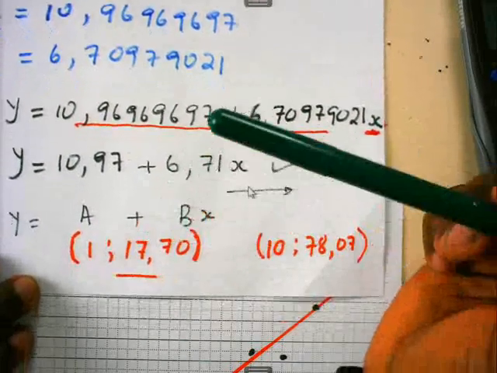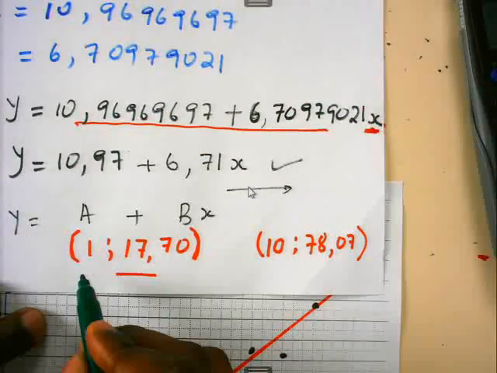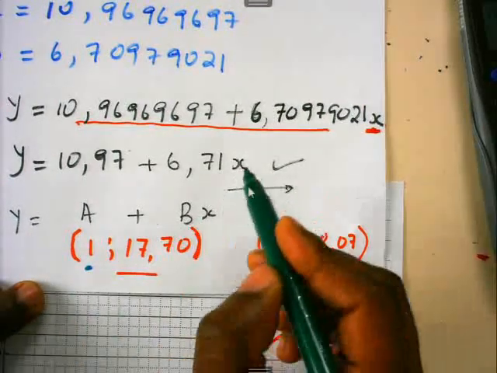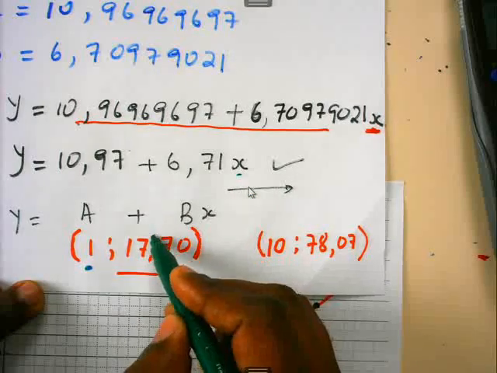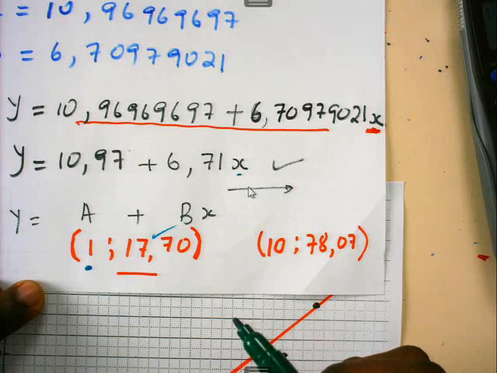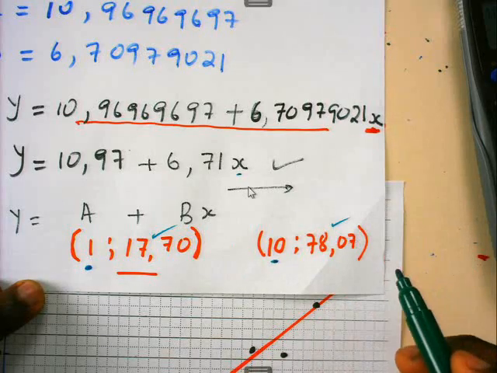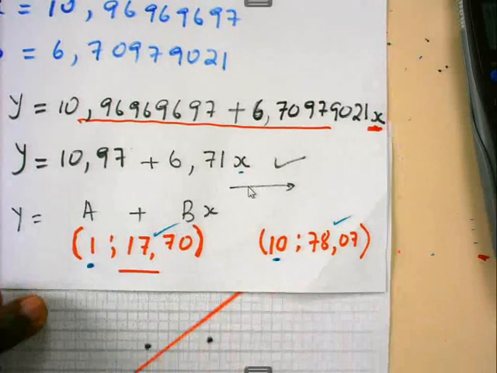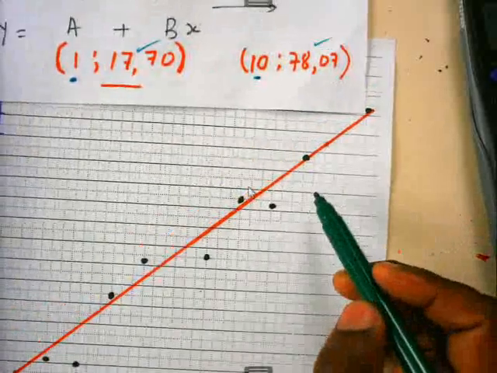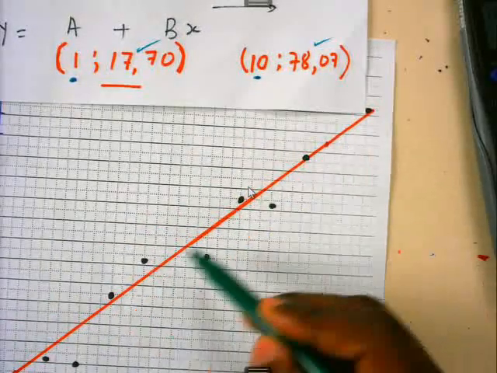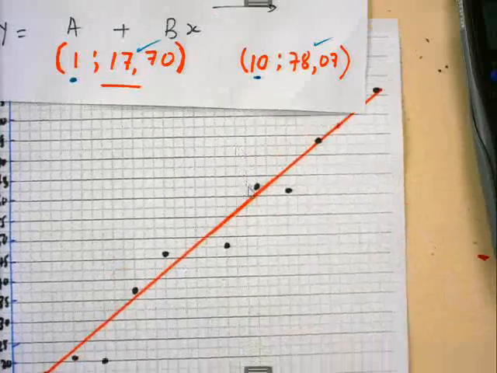And to draw your line, you substitute the values of X in the line here, and it will give you the value of Y. Once you have those, you put them, and they assist you to draw your line of best fit, which is the least squares regression line.